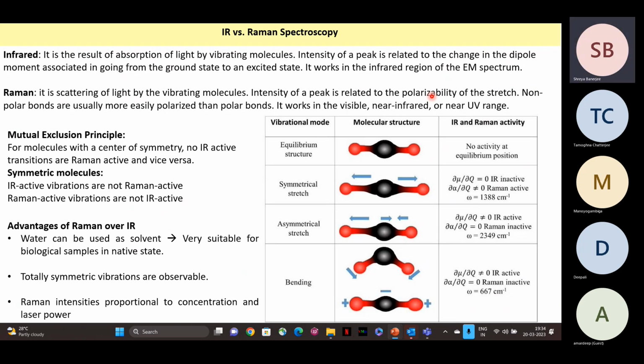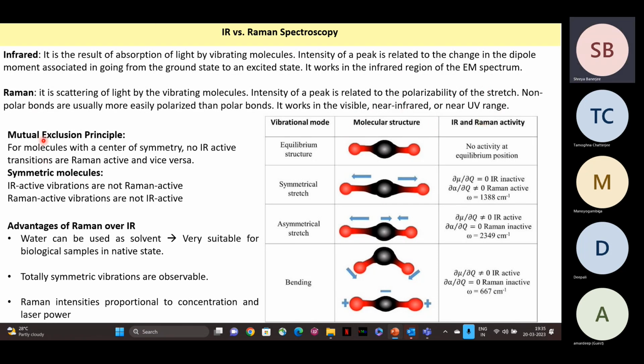And if the dipole moment is zero, like a symmetrical alkyne, the IR intensity will be zero. But in Raman, the intensity is related to the polarizability of the stretch. That means non-polar bonds usually show Raman spectroscopy. And finally, IR only works in the infrared region of the spectrum, but Raman can work in the visible, near infrared or near UV range.